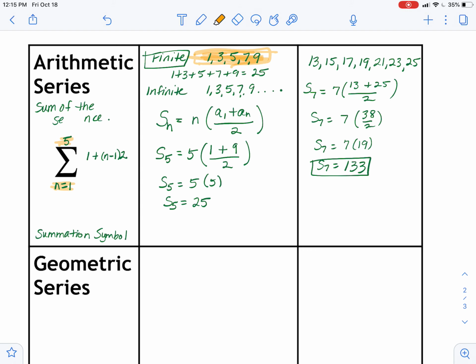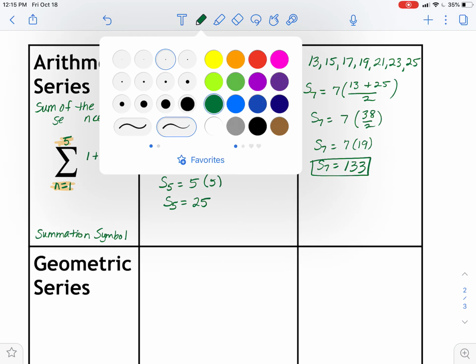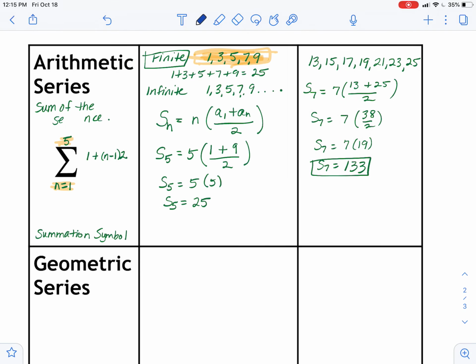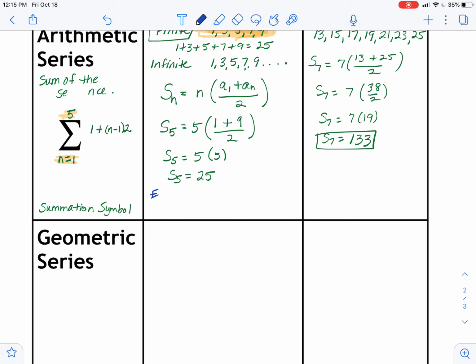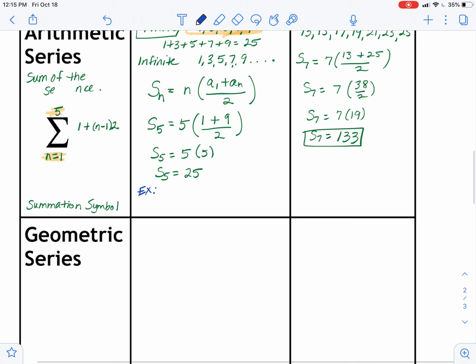And so for an example, I'm going to change color so maybe you can see this a little better. Let's suppose I'm going to give you a new sequence, okay? So here's my example, so we'll run through this. It'll be in my blue.